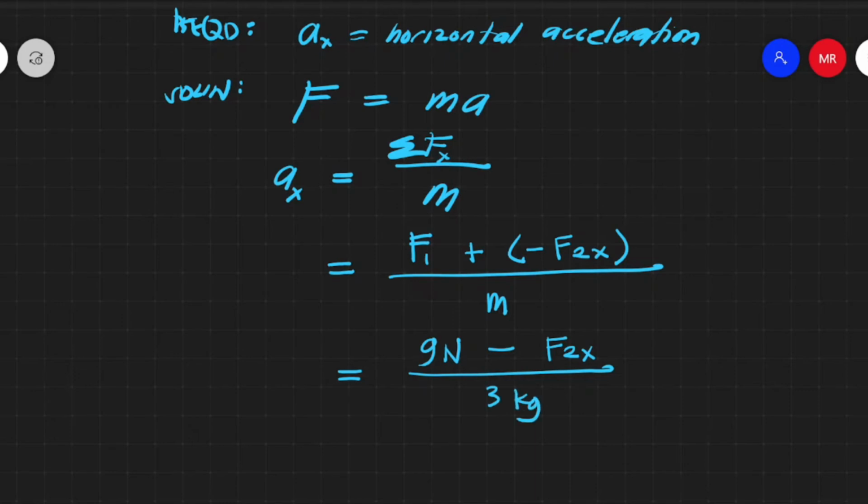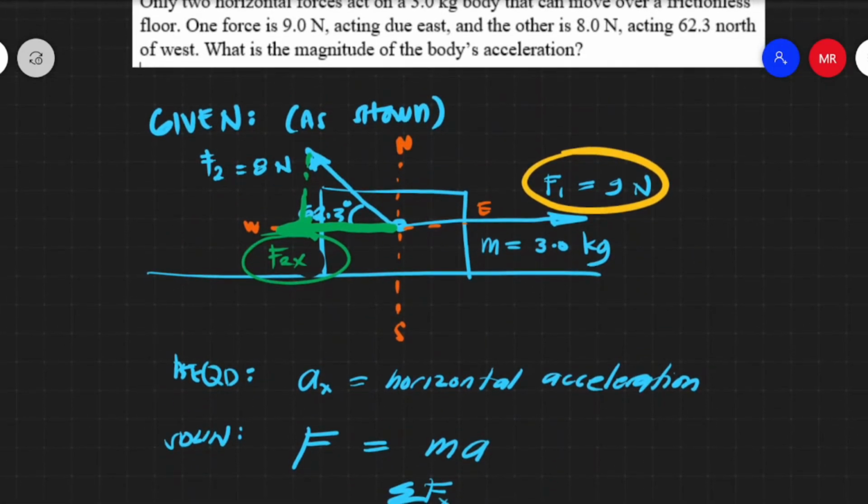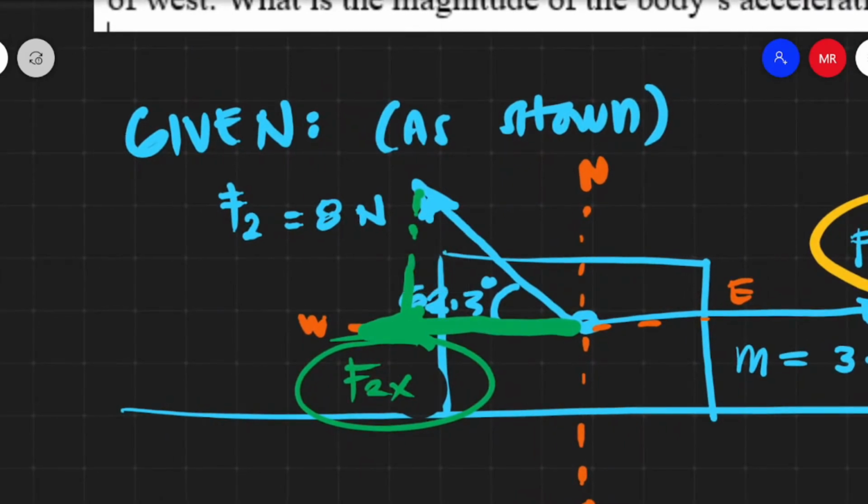Now, how can we get F2x from our figure? From our figure, this is 62.3 degrees.